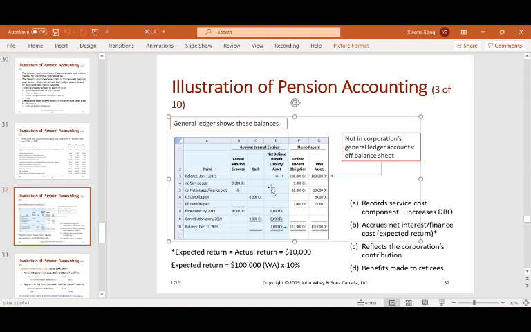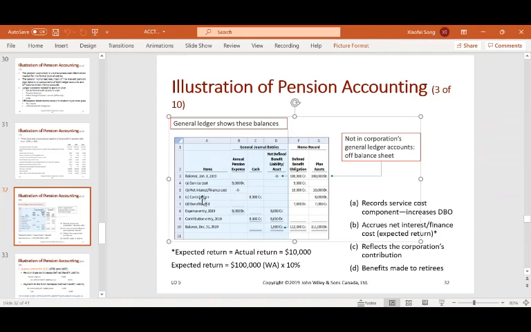So there's a 0 here, but we debit plan assets by 10,000 and we credit defined benefit obligation by 10,000. Does that make sense? Yes, because there is interest on DBO and there is a return on plan assets, but the amounts are the same. So the net interest included in the pension expense is 0.